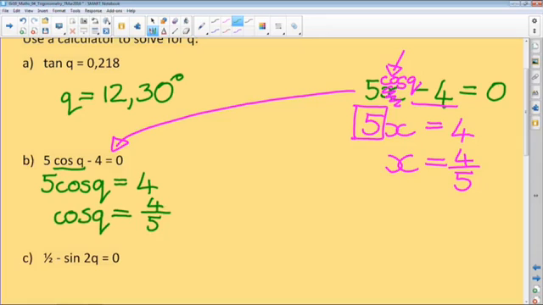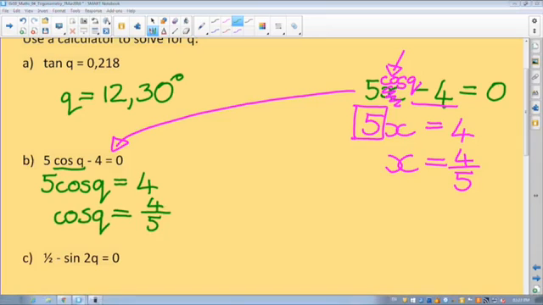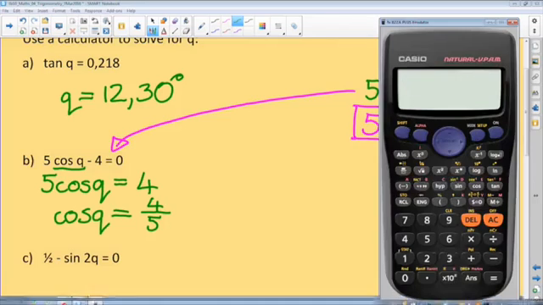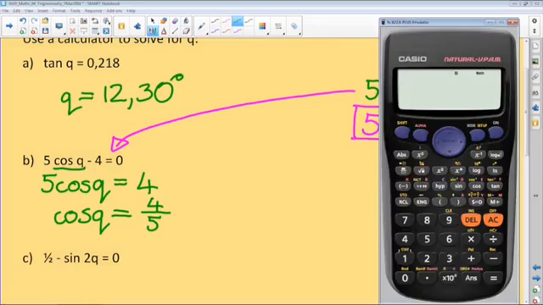Now that we have cos q isolated, we need to use our calculator. And here's our calculator, so I'm going to clear it. Because we're solving for an angle, we press shift and cos, and then in the brackets, I'm going to write 4 over 5. Now remember, some calculators are really fussy that you close the brackets, so make sure that you do.